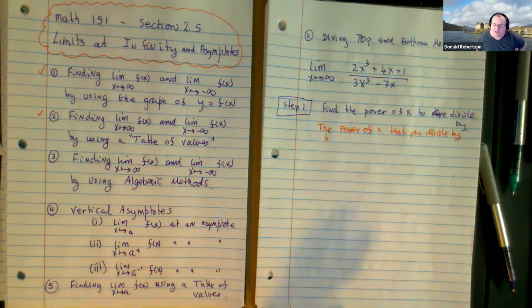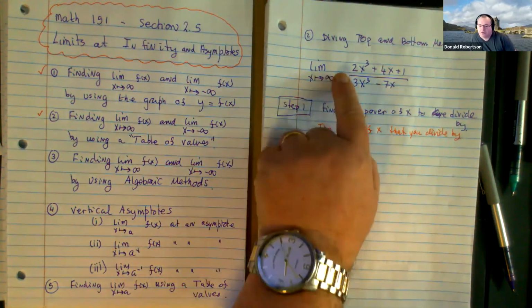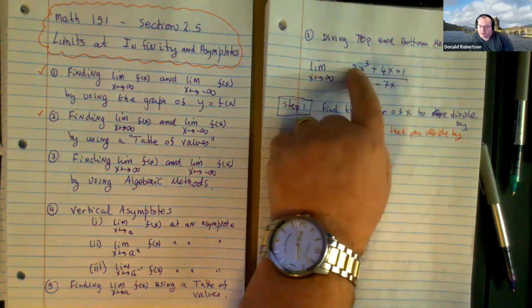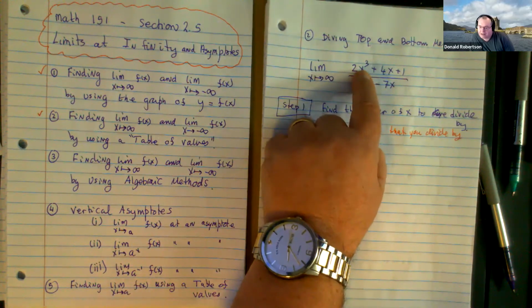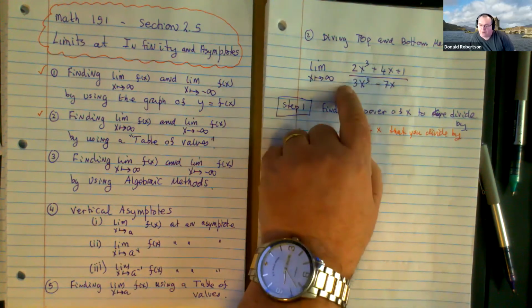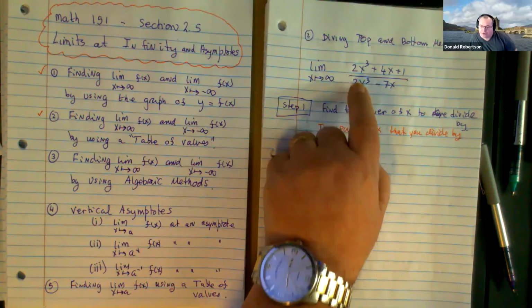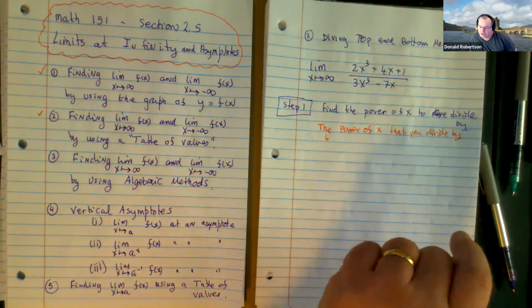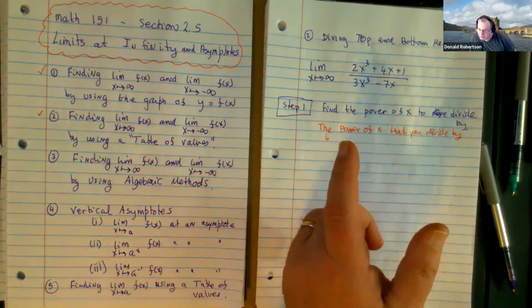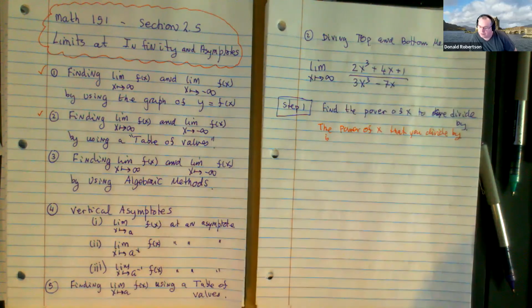It's easy to say it, it's harder to put it into words. On that top numerator, isn't the biggest power of x, x cubed? And on this bottom one, isn't the biggest power of x, x cubed? Right. So in that case, you would choose x cubed. You divide the top and bottom by x cubed.